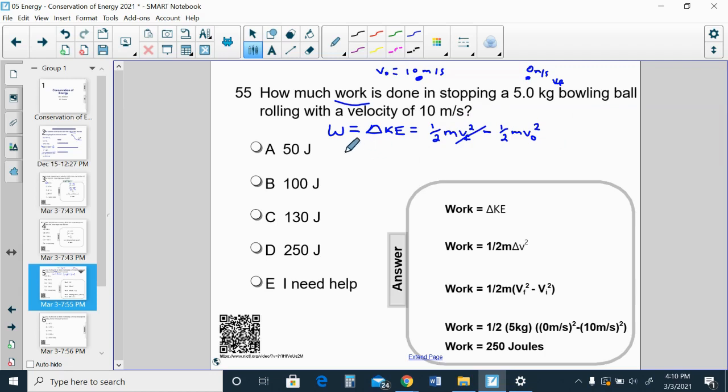So to calculate the work, we could say it's equal to negative half m initial velocity squared. So we have our negative times the mass is 5 kilograms times that initial velocity here squared, 10 meters per second.